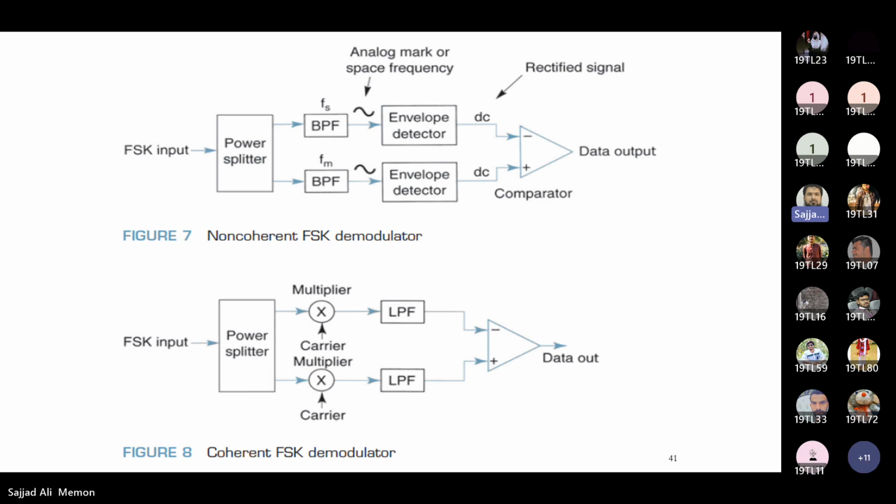You can see that it needs the carrier to be multiplied with the input. So for coherent detection we need phase information, whereas for non-coherent detection we don't need the carrier multiplier. The data is recovered through an envelope detector and a comparator, and then we have the data out, where here we have the low pass filter.